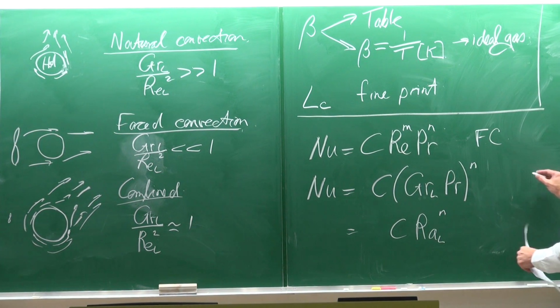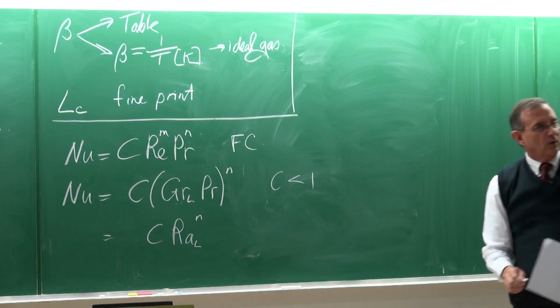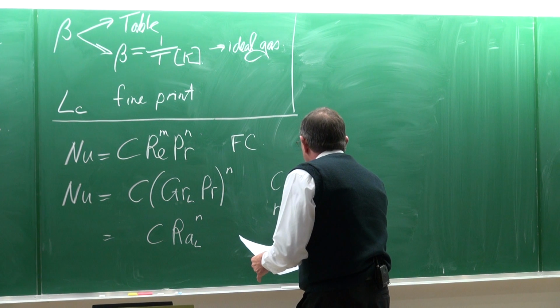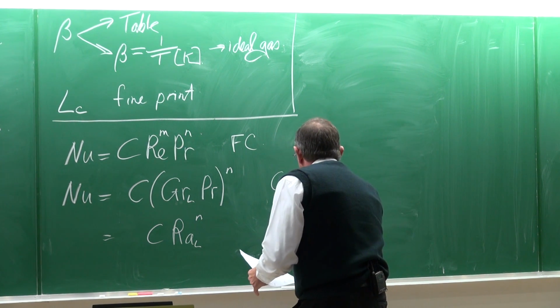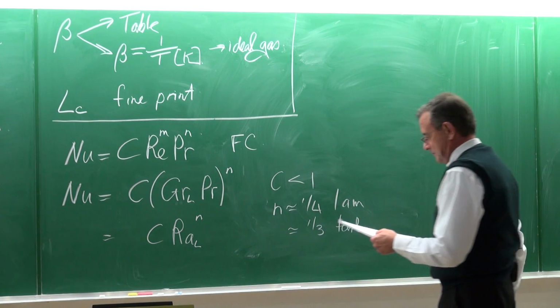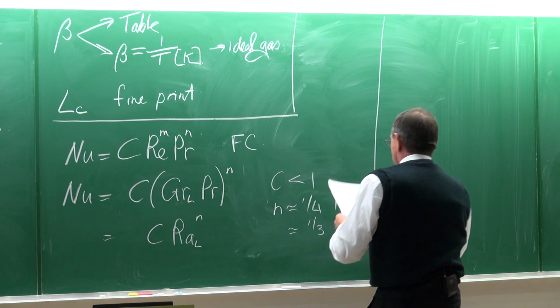Now usually, in most cases, C is less than 1. It will have a value less than 1. And n would typically be a quarter for laminar flow and approximately a third for turbulent flow. Now it is specifically what I wanted to show to you on the board is table 9.1.